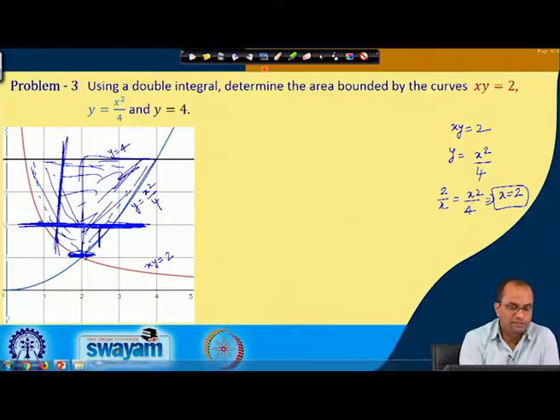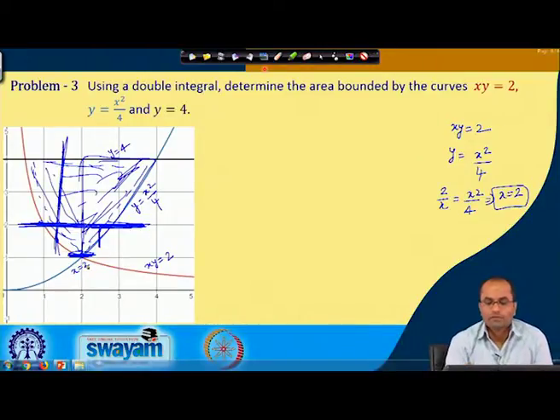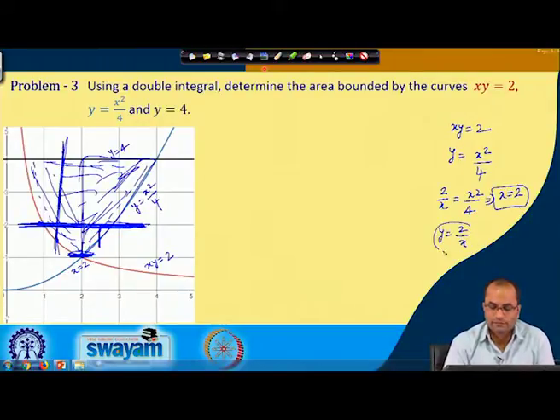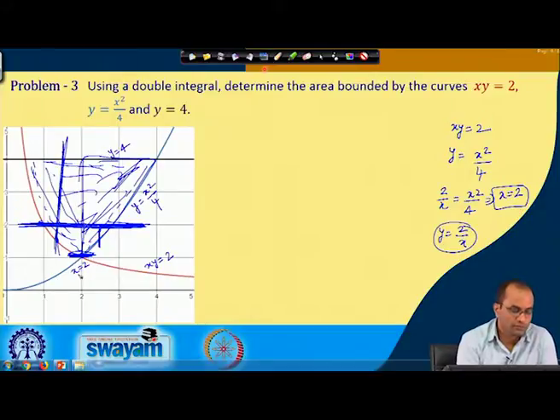So, this point here is precisely x = 2, and y is 2 over x, that means 1. So, this point here y is 1 and that line here y is 4.